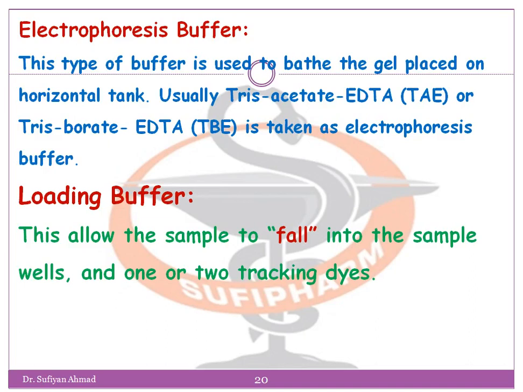The loading buffer contains a dense medium, for example glycerol, to allow the sample to fall into the sample well, and one or two tracking dyes which migrate in the gel and allow visual monitoring of the extent of the electrophoresis.